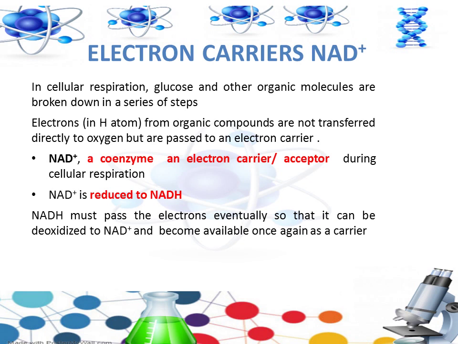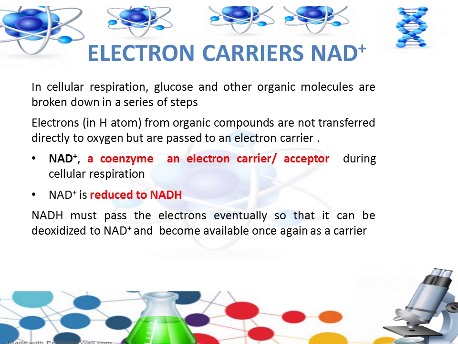So basically, the electrons that move with hydrogen atoms are not transferred directly to the oxygen, but must pass through a carrier which is NAD plus. So NAD plus, besides being a cofactor, kalau you ingat balik kita belajar chapter enzymes, cofactor, example NAD plus, it also acts as an electron carrier or electron acceptor during the cellular respiration.